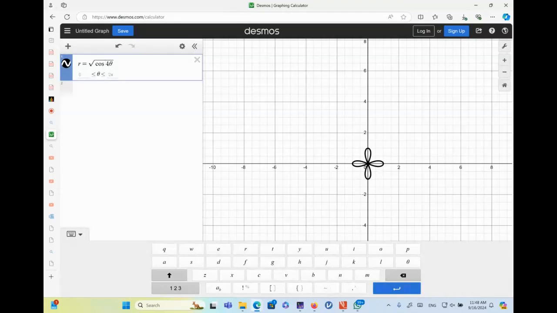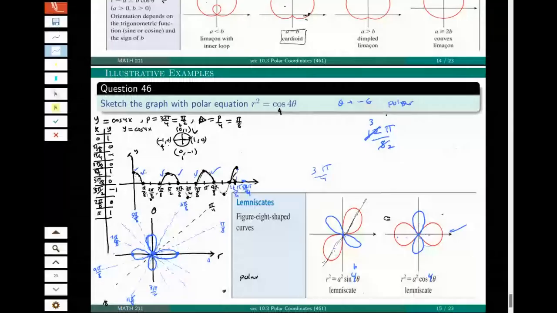Okay, if I have sine, what will happen? If I have 4, it will be again 4 leaves, but symmetric about the origin only. Okay, so if we are using this formula, if it is 4 theta, it will be 4 leaves. If it is 4 theta for cosine, it will be 4 leaves. So using the table, we get again.